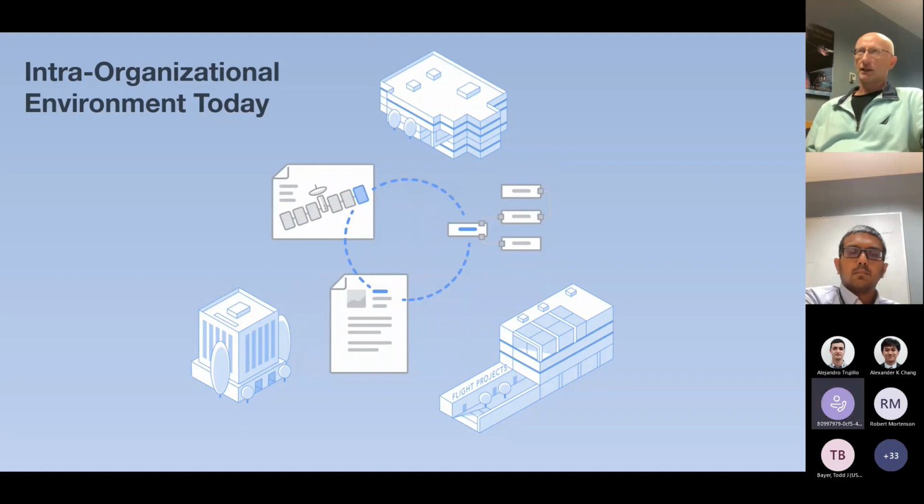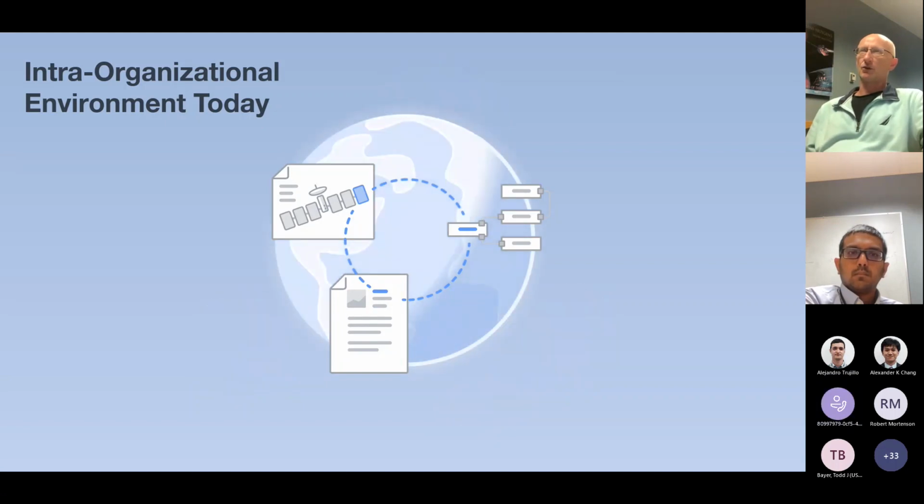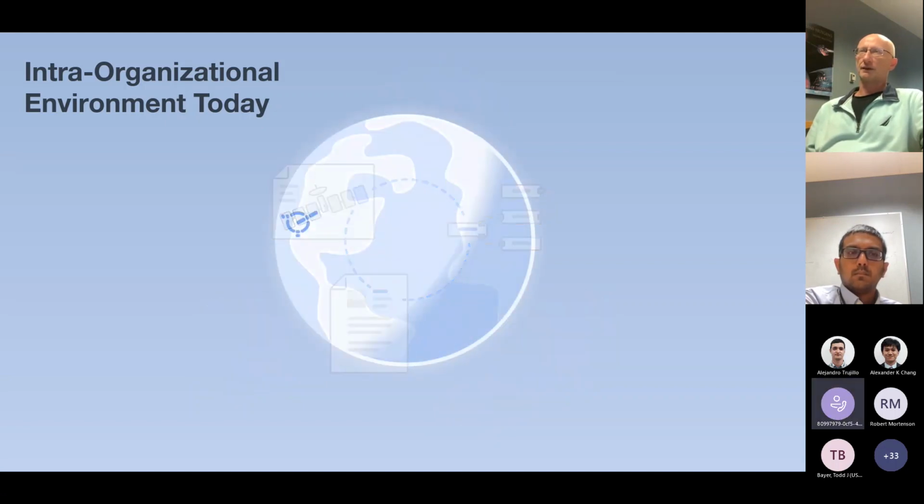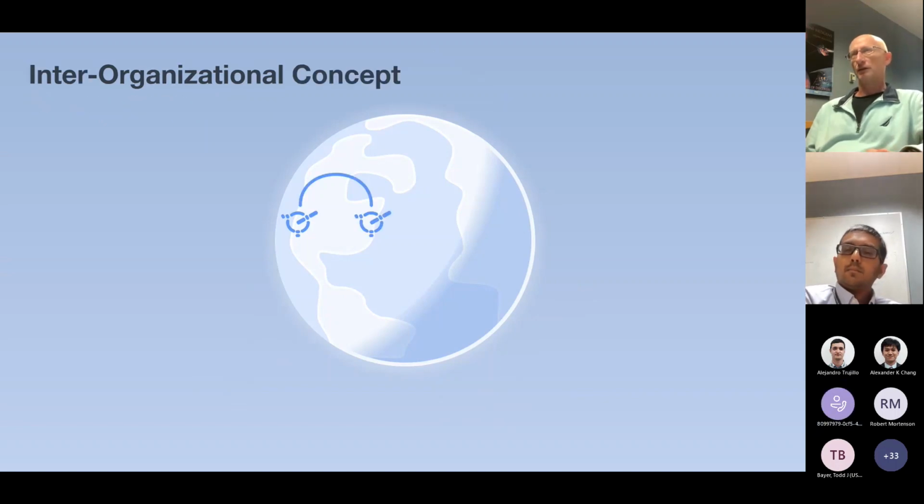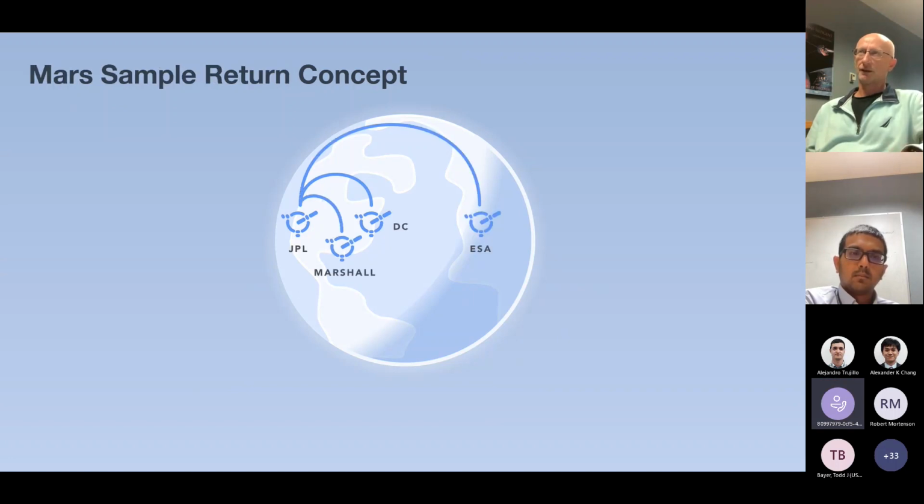So what we have today is this intra-organization environment, right? Update once and see the updates everywhere. Where we want to go is to an inter-organizational concept. We're working currently on that with MSR, so there are multiple centers involved, but also ESA in Europe.